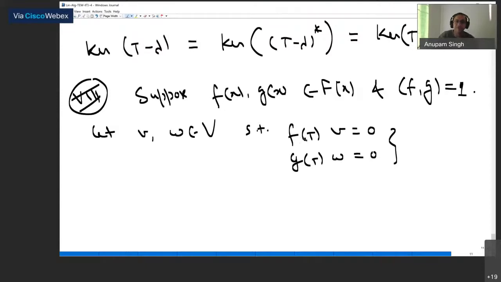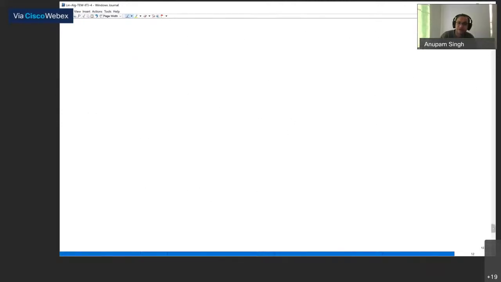Remember, this is what I was defining the other day when defining the cyclic vector, where I had defined the annihilator of a vector. So suppose I find a polynomial which annihilates v, and another polynomial which annihilates w, but these two polynomials turn out to be coprime. Then the vectors v and w are perpendicular.